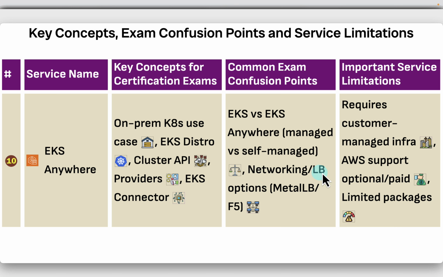Networking and load balancing options like through MetalLB and F5. Important service limitations are it requires customer managed infra, AWS support is optional, and you can go for paid support also, and there are limited packages which come via EKS Distro.